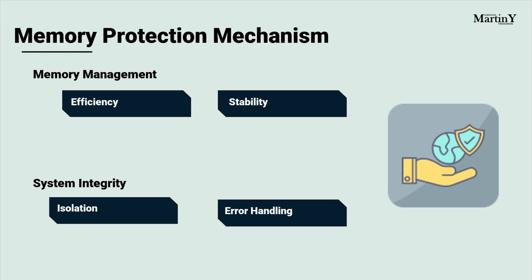The base register indicates the starting memory address allocated to a program, while the limit register specifies the maximum size that the memory block can occupy. If a program tries to access memory outside its designated range, the system will halt its operation and raise an error, maintaining stability within the entire system.